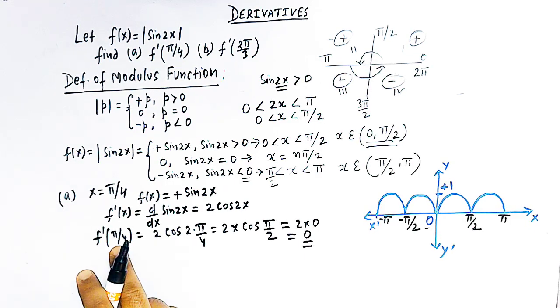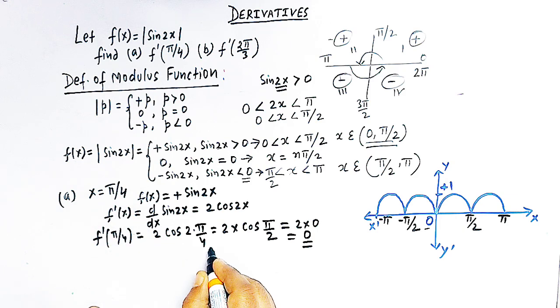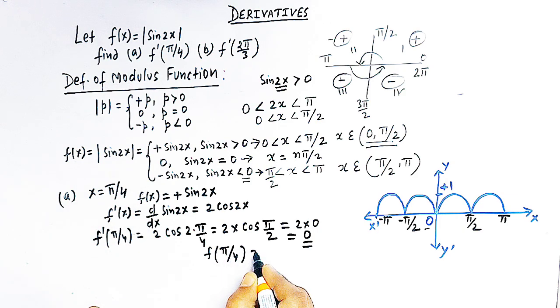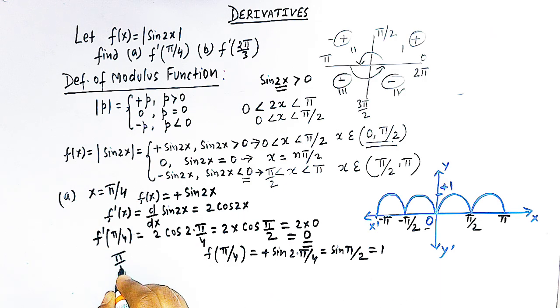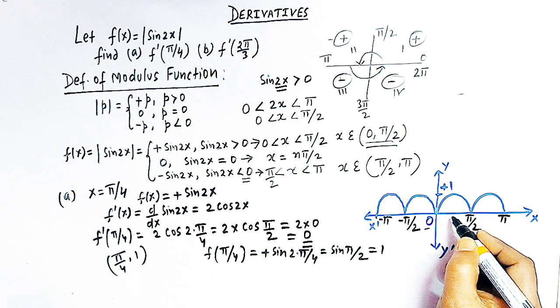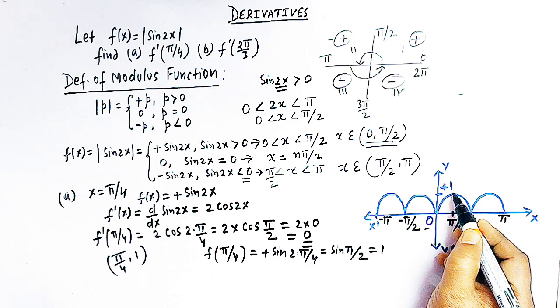So now let us find the value of this function at x equal to π/4. So f(π/4) is given by positive sin(2 times π/4), that is sin π/2. So the value of the function at this point is equal to sin π/2, that is equal to 1. So let us plot this point, that is (π/4, 1), right? So here we have the point π/4, and here we have 1, right?